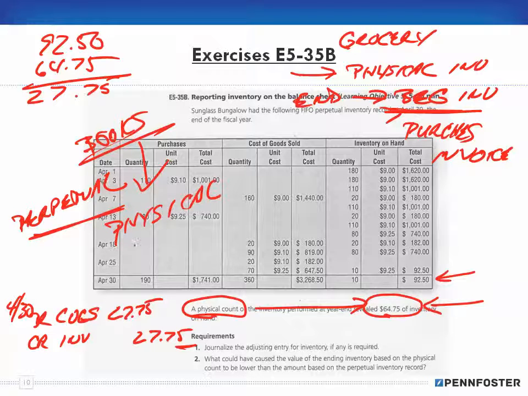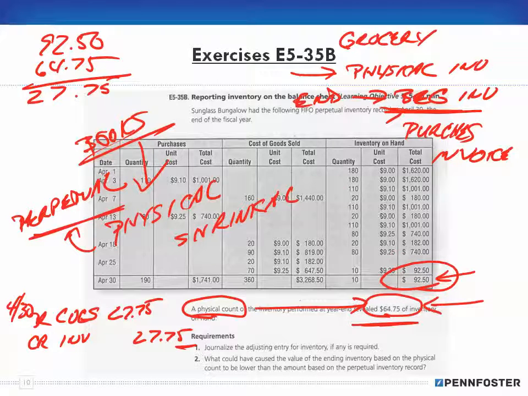You do your physical inventory, and theoretically your physical inventory should equal your perpetual, but things do happen. Maybe he bought, let's say a statue, and when it was on the truck, just from shaking around and bouncing around, that statue got damaged and he wasn't able to sell it. So that's part of the shrinkage. All right. So even though you have this amount on your books, you still have to do the physical inventory.